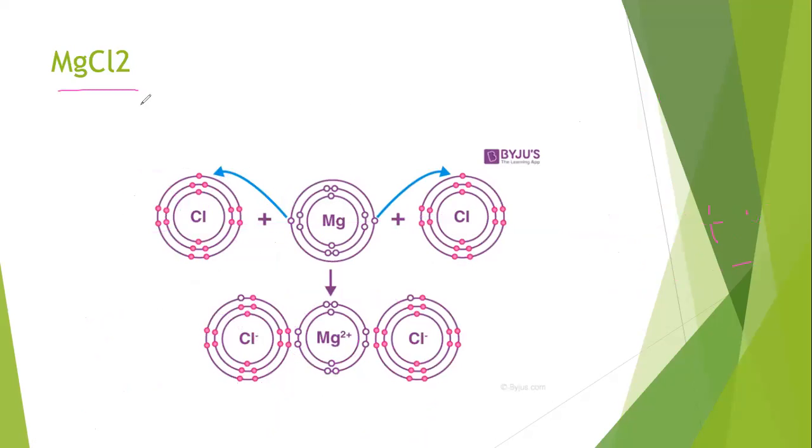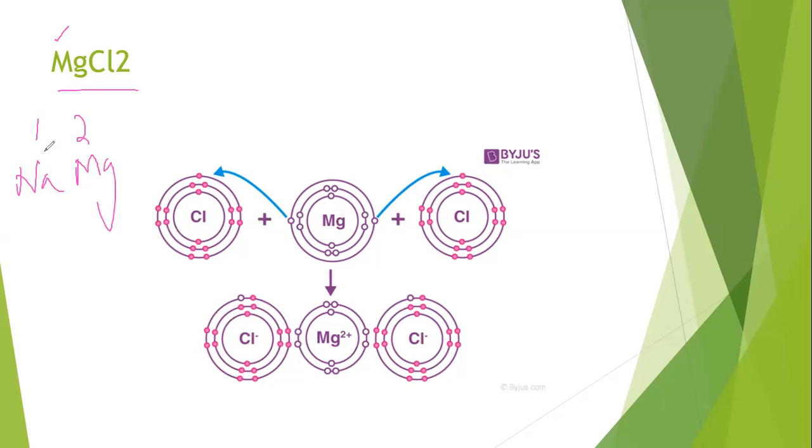I'm going to give you the example of another ionic compound, which is magnesium chloride. Magnesium is from group 2 of the periodic table, as we know. The elements of group 1 have 1 electron in their outermost shell, and the elements of group 2 have 2 electrons in their outermost shell. So sodium is from group 1 and magnesium from group 2.